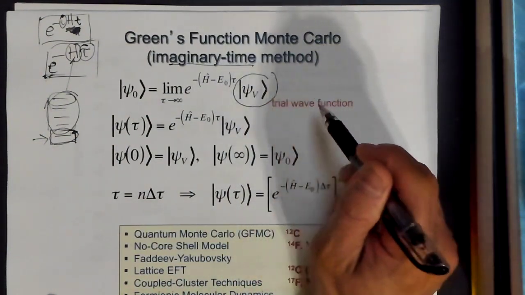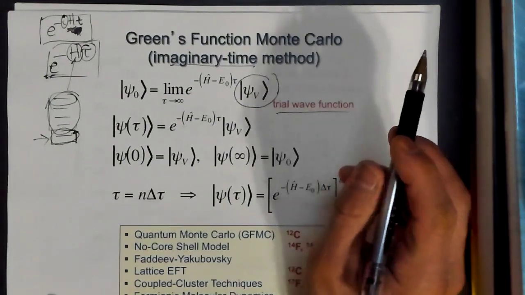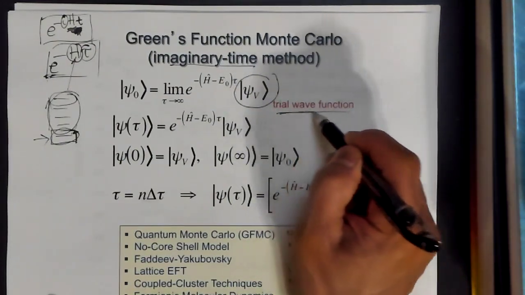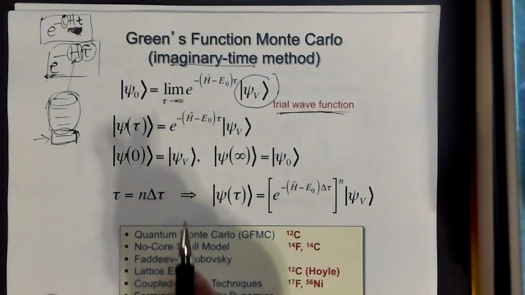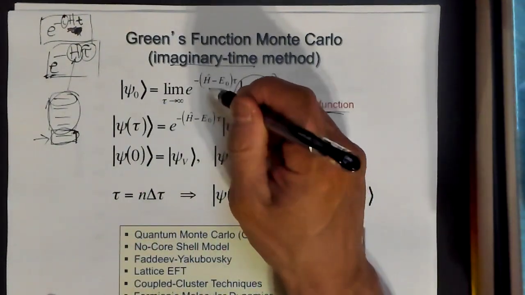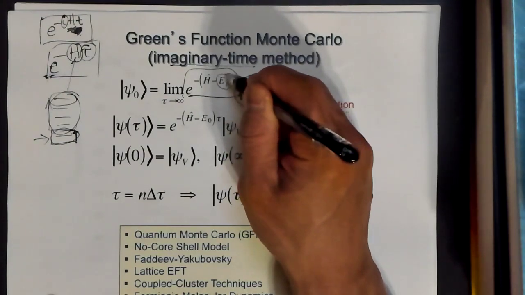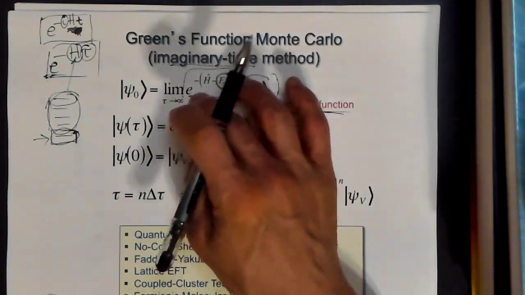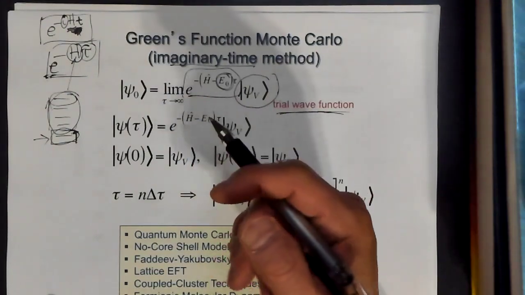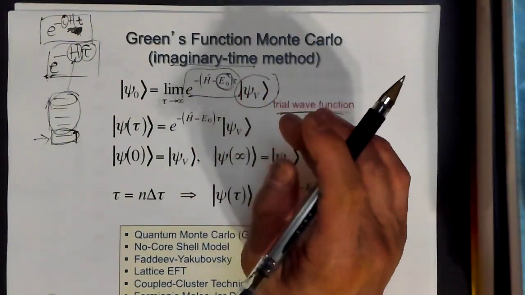You start off with some trial wave function, and it doesn't really matter as long as it has some overlap with the actual wave function you want. Then you do e to the minus H tau. You can actually subtract the ground state energy to try to make the normalization not blow up on you, but this is not essential.